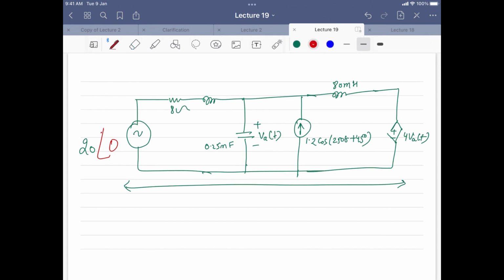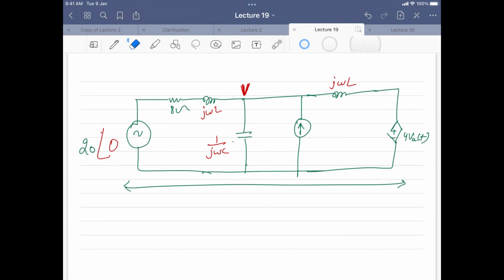9j. So let's keep this as j omega L for the time being, because otherwise it will create confusion. So this I am putting as 1 by j omega C, and this will be bold V. Then we have here j omega L. How will you write this current source? 1.2 angle 45 degrees.